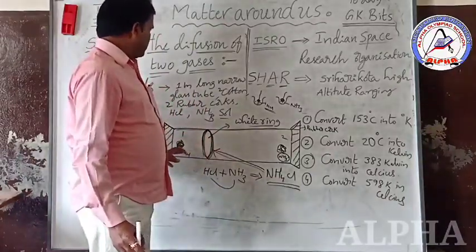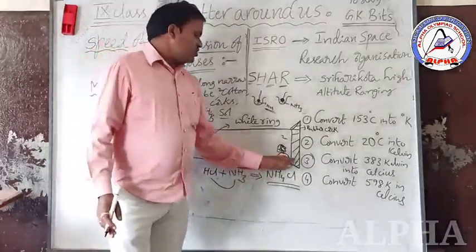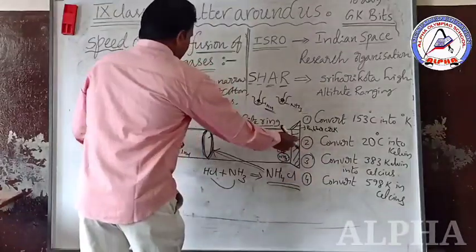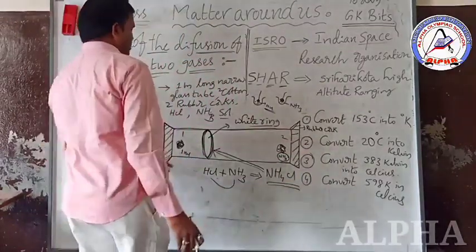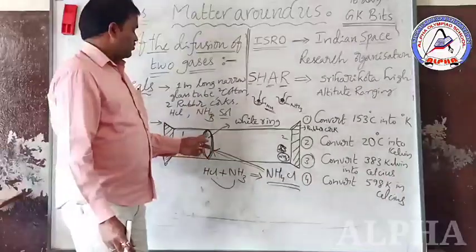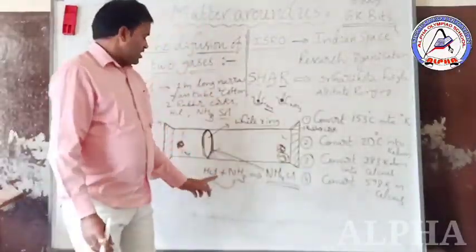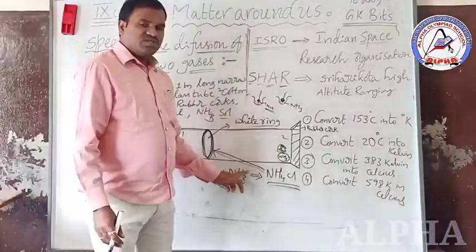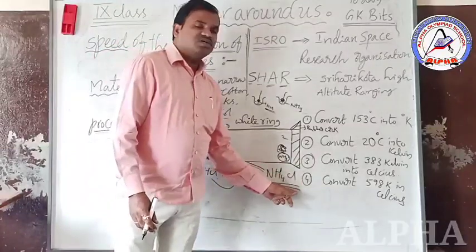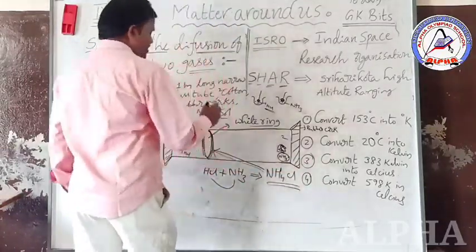The HCl solution produces HCl gas, and the ammonia solution produces ammonia gas. These two gases come close to each other. Then a white ring is formed. That white ring is nothing but ammonium chloride, because hydrochloric acid is reacting with ammonia to form ammonium chloride. But observe where it is formed.